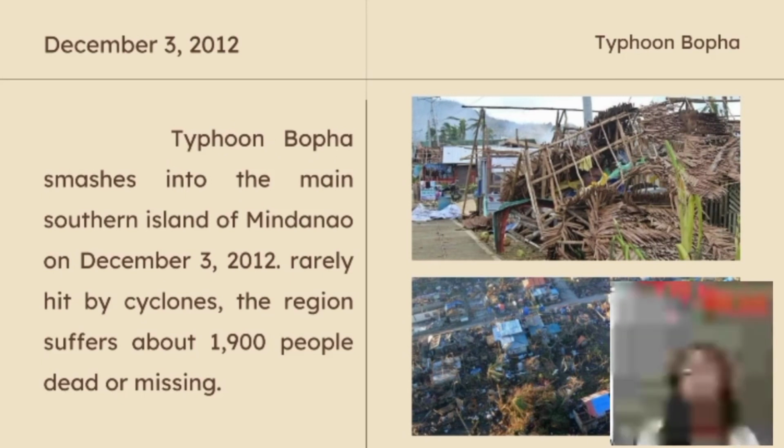Typhoon Pablo was the strongest tropical cyclone on record to ever affect the southern Philippine island of Mindanao. The storm caused widespread destruction in Mindanao, leaving thousands of people homeless.